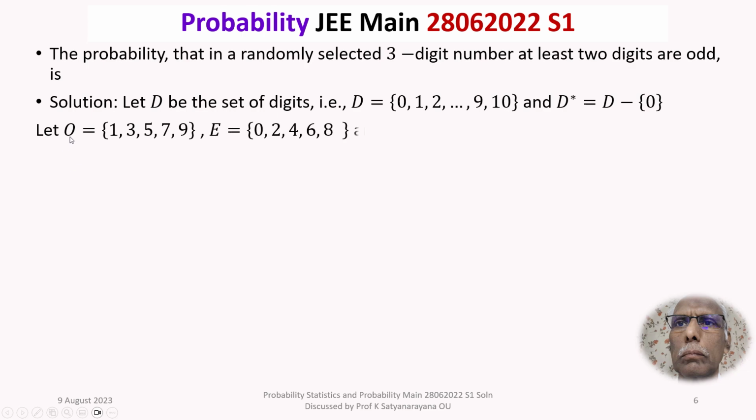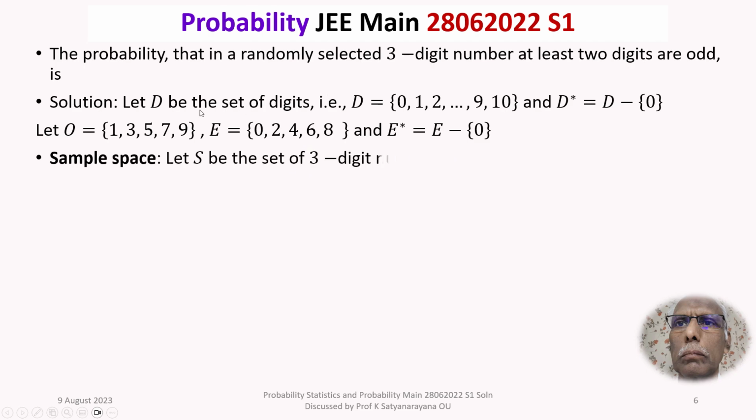Let O stand for the set of odd digits, namely 1, 3, 5, 7, 9. E stands for the set of even digits, namely 0, 2, 4, 6, 8. And E star stands for non-zero even digits, that is 2, 4, 6, 8.